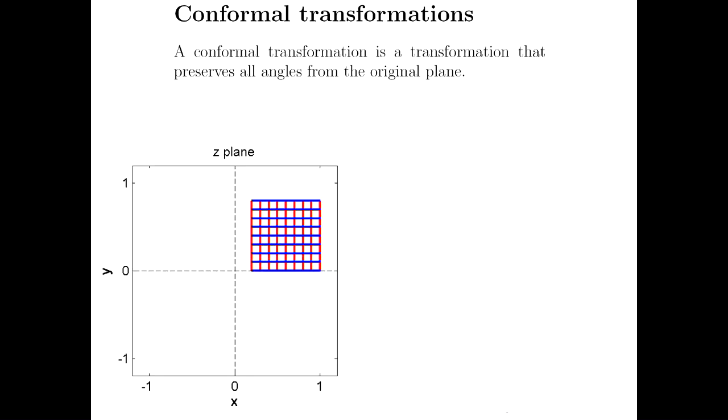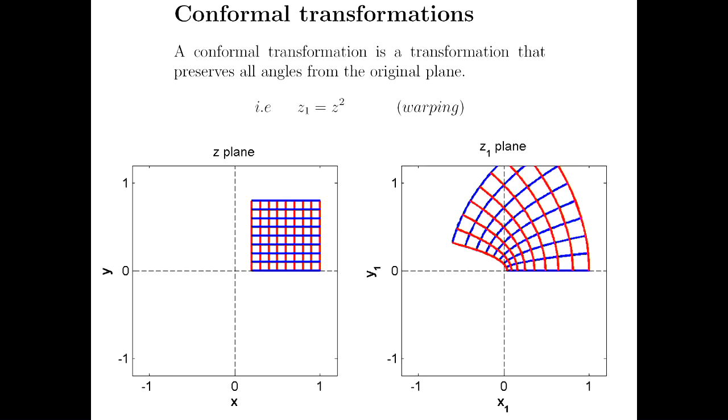So what's a conformal transformation? A conformal transformation is basically a transformation which preserves all angles from the original plane. Here you can see that in the Z plane, the blue lines are always perpendicular to the red lines.